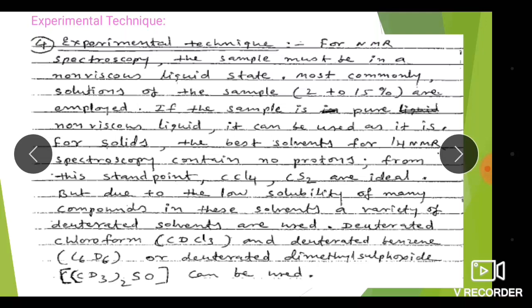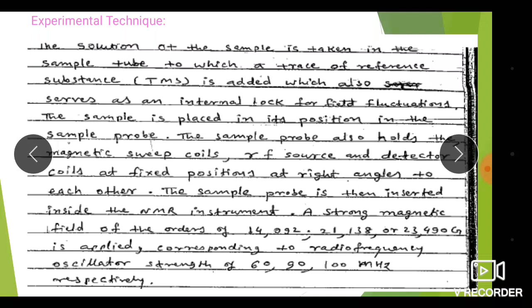But due to the low solubility of many compounds in these solvents, a variety of deuterated solvents are used, such as deuterated chloroform, CDCl3, deuterated benzene, C6D6, or deuterated dimethyl sulfoxide, DMSO-d6, CD3SOCD3. These types of solvents are used due to the insolubility of the sample.